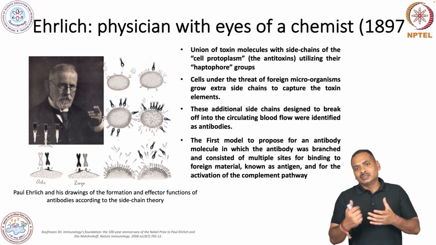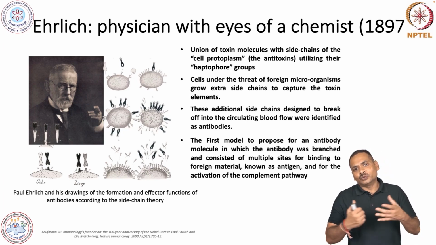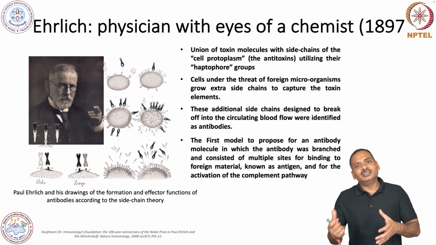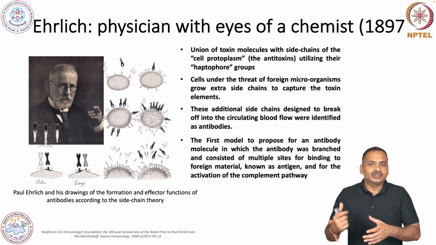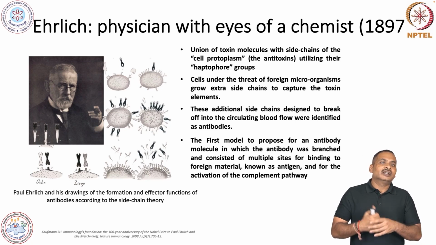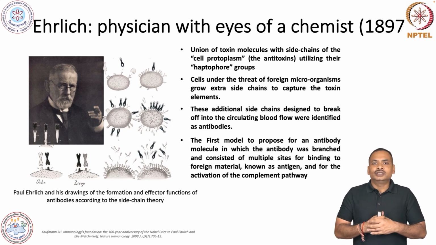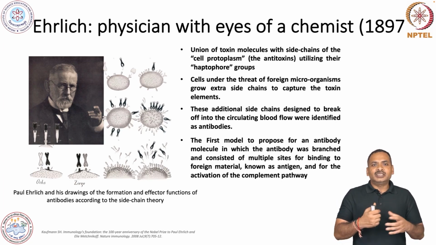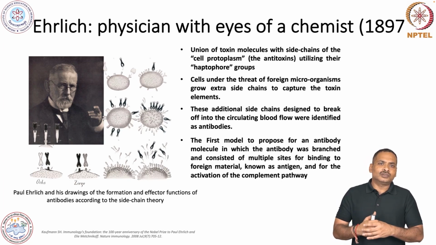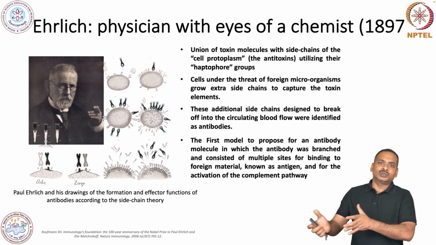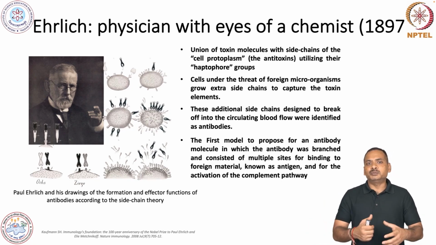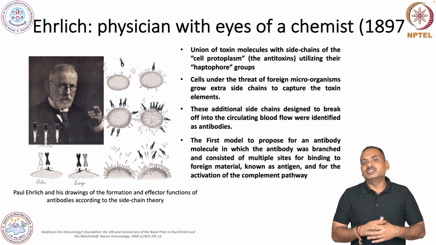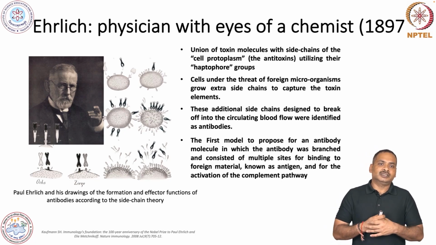Now we know that this molecule is expressed, binds with the antigen and eliminates it, and in addition it is also used for the activation of complement. Okay, so these were two schools of thought, and there were several people who supported this because in their observations they found similar things.